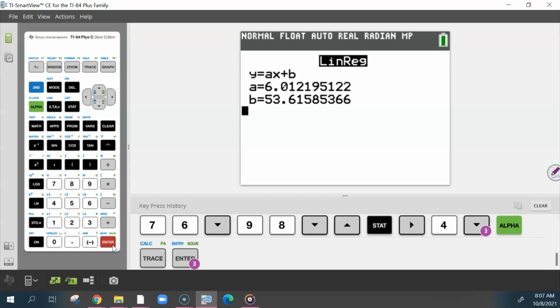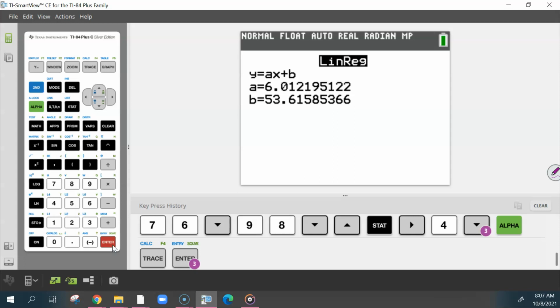When questions ask you for the line of best fit, you're going to write this down, not with all of the decimals. You can round to 2 decimal places. But we're going to store it in our calculator so we get all of those decimals. So on the next page, it asks for the line of best fit.